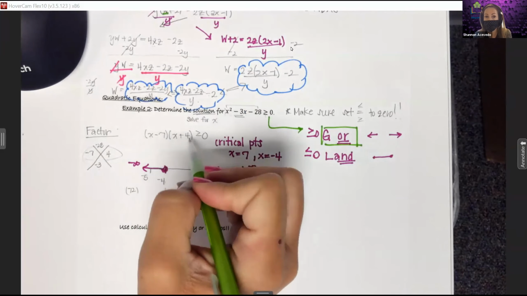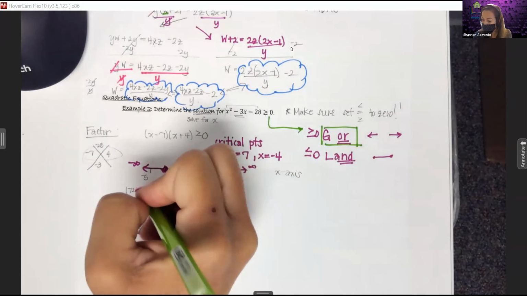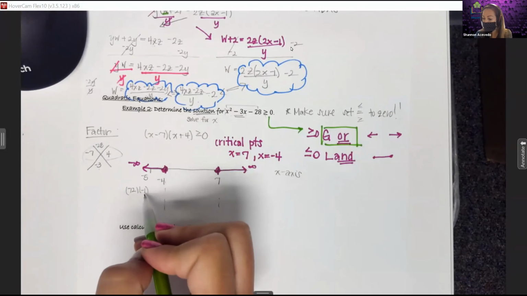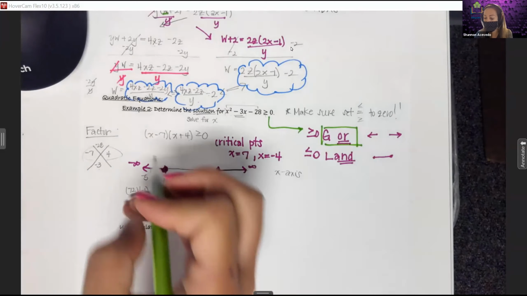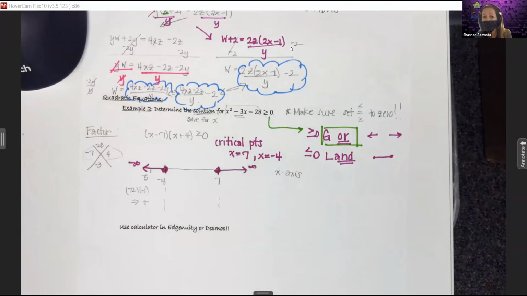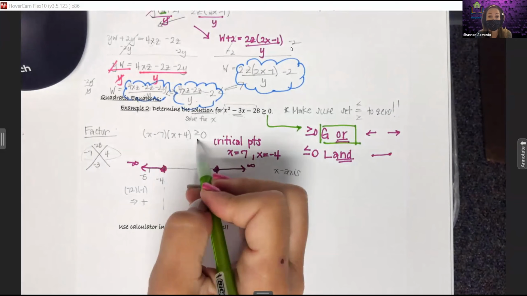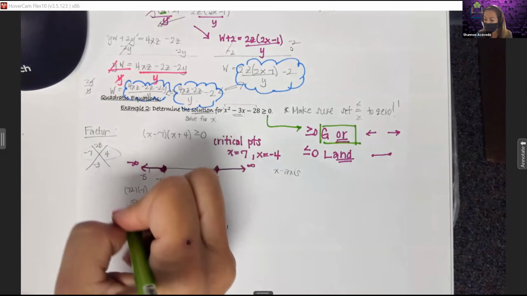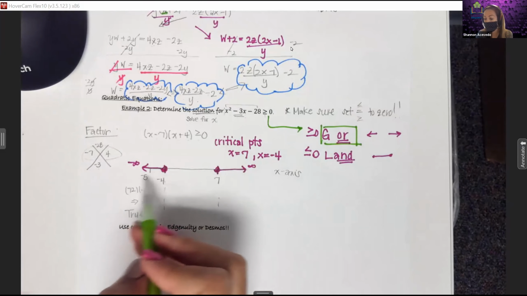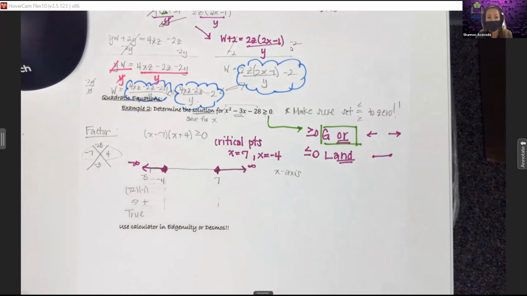Negative 5 plus 4 gives me negative 1. A negative and a negative give me a positive. I don't even care what the number is, but I know it's going to be positive. If it's a positive value, it's greater than or equal to 0. So this is true. Since it's true, this would be part of the solution, so I'm going to highlight that.